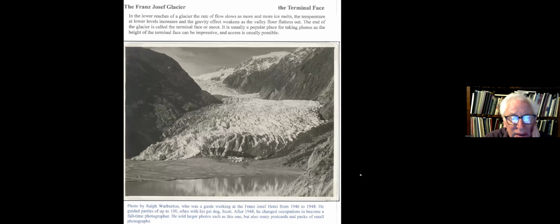So at the lower end of the glacier, this is the snout area. These days, all of this area down here is gone. The glacier has retreated up to about here. So it's a massive amount of ice which has melted. And most of the lower part of the glacier as it exists now is covered in moraine.